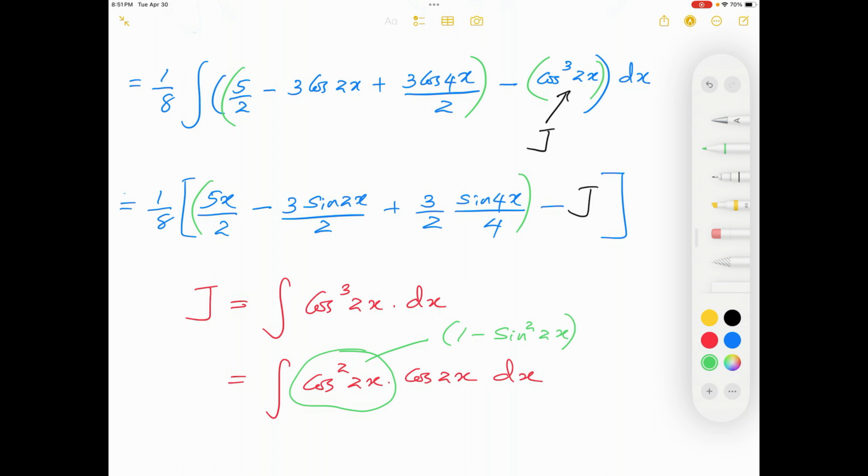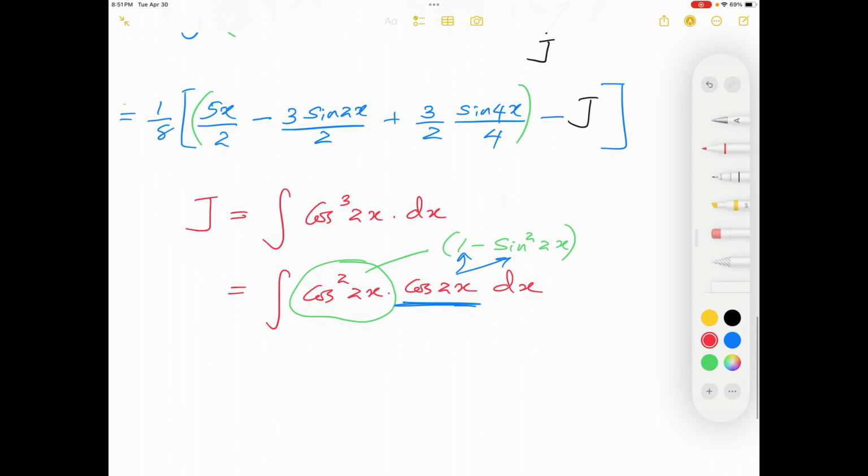That is according to the Pythagorean identity. And then we need to multiply cosine 2x into each of these two terms inside the parenthesis. Alright, when we do that, we get integration cosine 2x times 1, which is just cosine 2x dx, and then we have this negative symbol, minus integration sine squared 2x times cosine 2x dx.